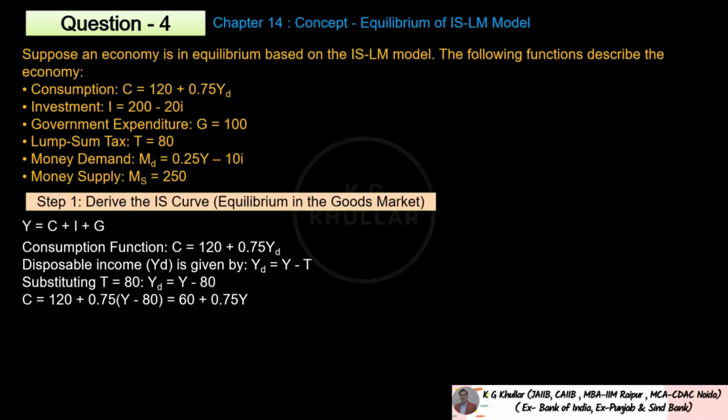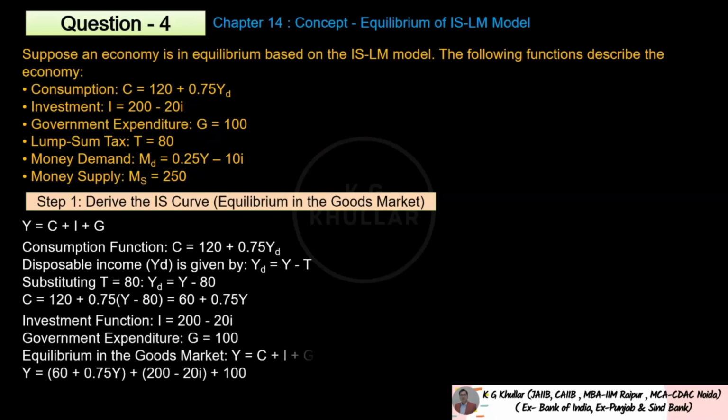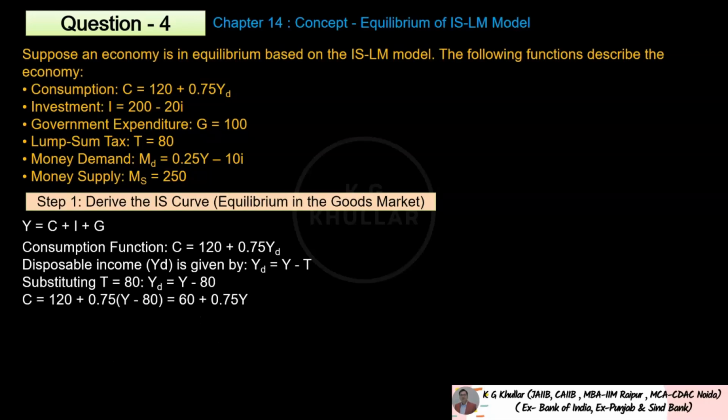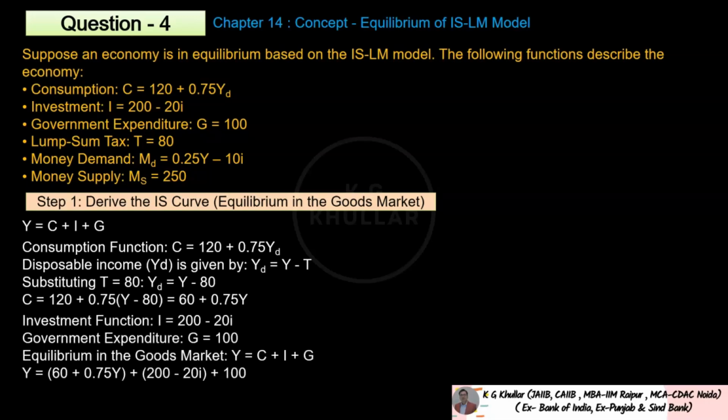So YD equals Y minus 80. So the consumption function finally becomes 120 plus 0.75 multiplied by Y minus 80, which equals 120 plus 0.75y minus 60. On solving this, you will get 60 plus 0.75y. And then the investment function I is given as 200 minus 20i and government expenditure G is given as 100 here.